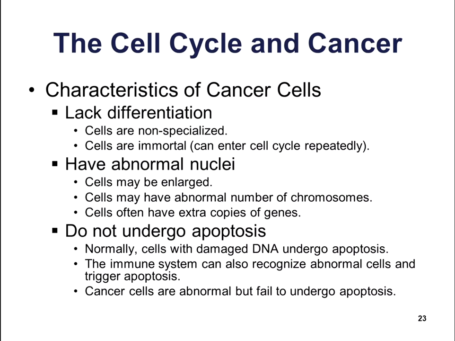And they do not undergo apoptosis, which is why cancer doesn't cure itself. Normally, we have our body coming in and saying, we need to get rid of this damaged DNA. We're undergoing apoptosis. That doesn't happen in cancer. So cancer doesn't just fix itself.